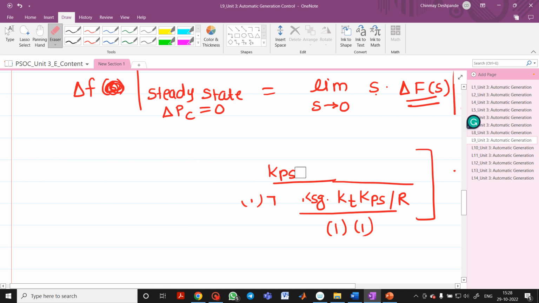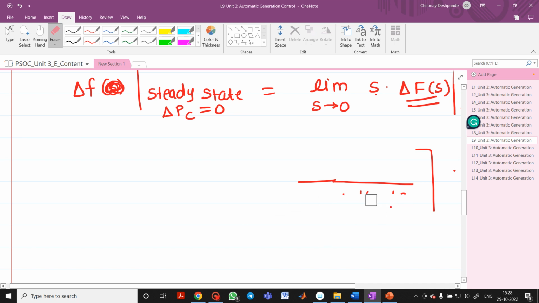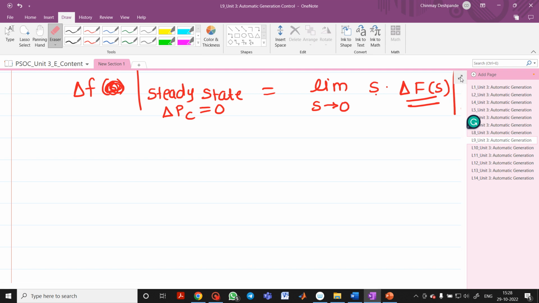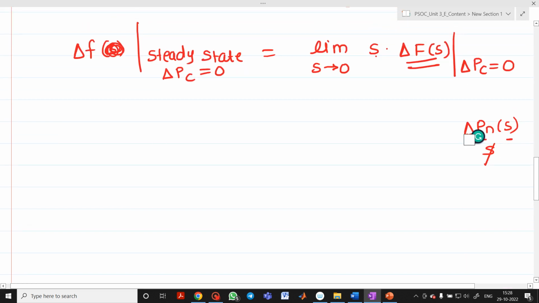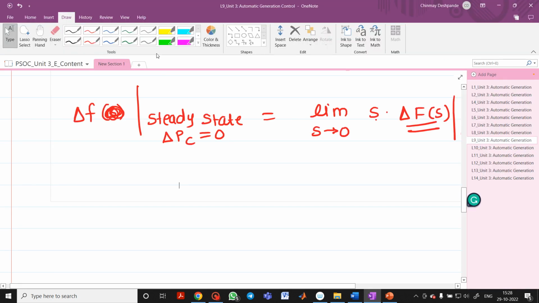Here there is no assumption. We are not talking about, let's say, tps equal to tsg equal to 1. Unfortunately, whatever sentence that I have used earlier, it is wrong. So why this particular term is there? Let me write it again. Then you will be able to understand why we have written like this.